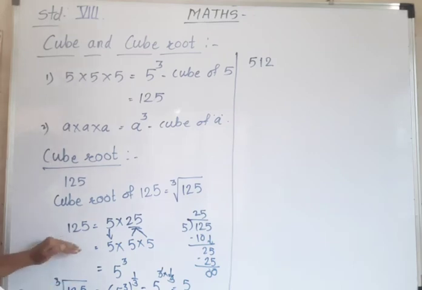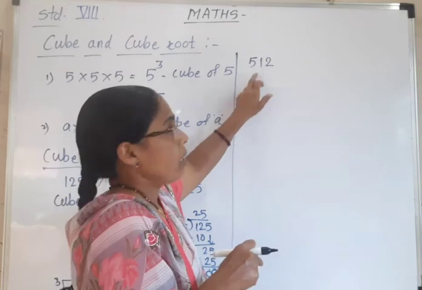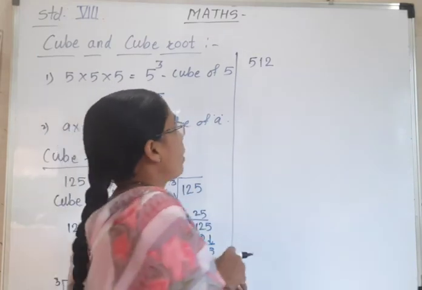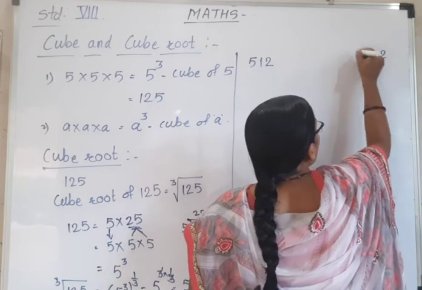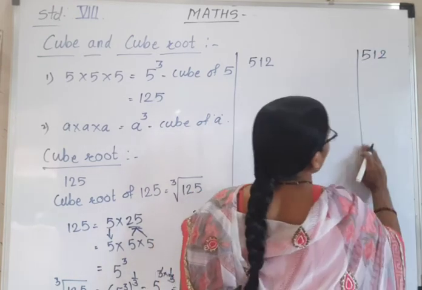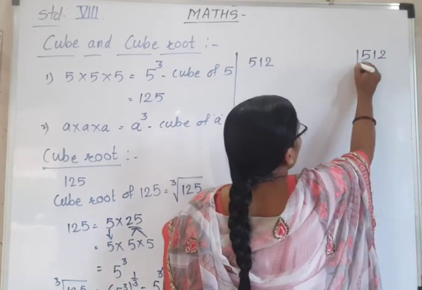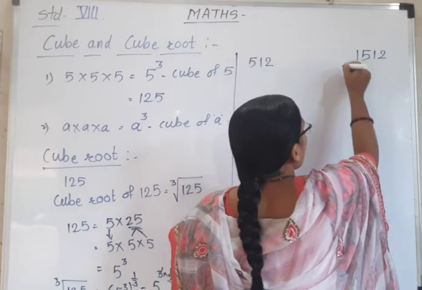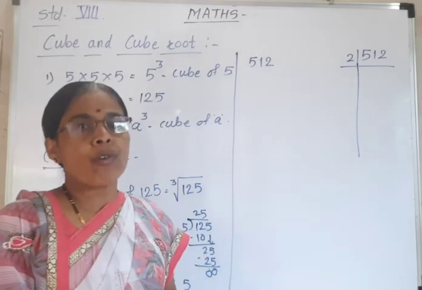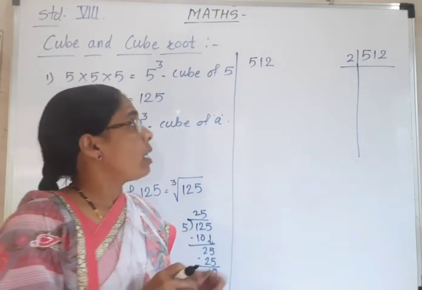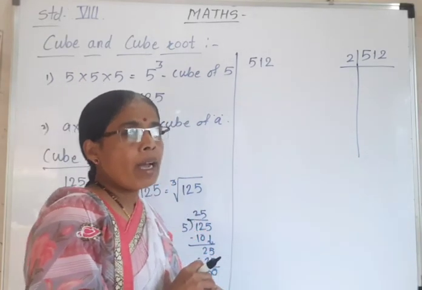Here I had taken the horizontal method to find the prime factors; now I am taking the vertical method. So 512, as we know, if 2 is in the unit place, that number is divisible by 2. If 2, 4, 6 or 8 is at the unit place, then that number is divisible by 2.